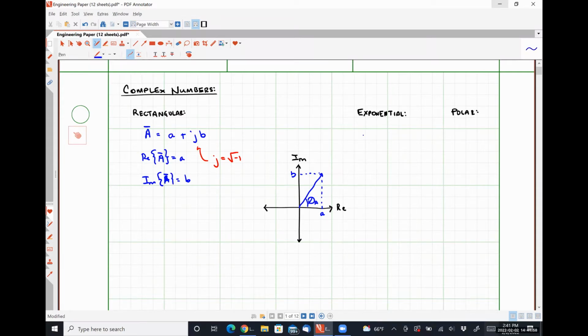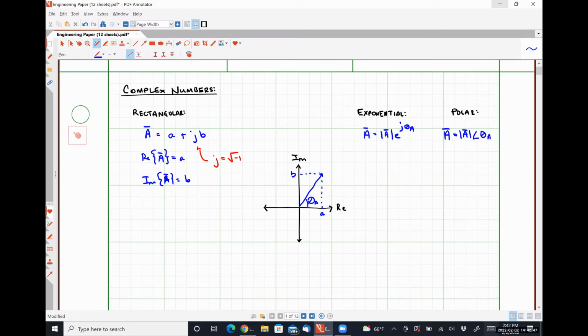So we could say that our complex number A, the same complex number that we're dealing with in rectangular form, is the magnitude of complex number A, or the length of that two-dimensional vector, times e to the j theta A. And in polar form, we would represent this relationship as simply the magnitude with an angle operator, theta A. So the polar form representation of a complex number is just shorthand notation for the exponential form, okay?